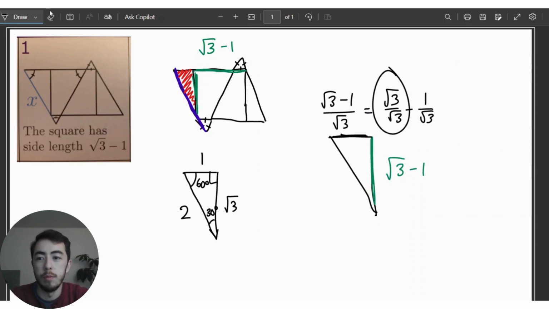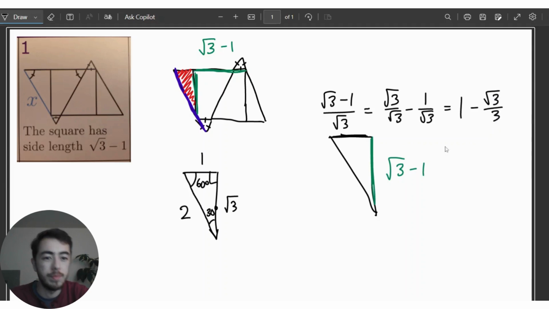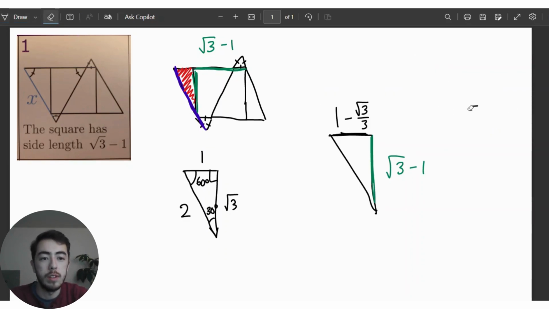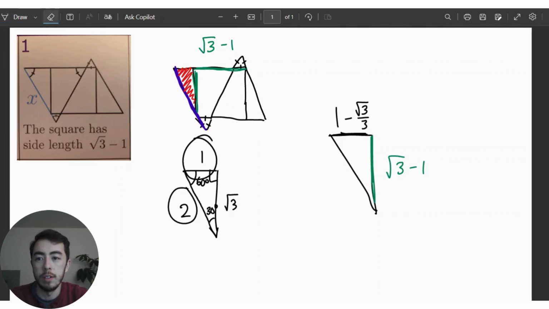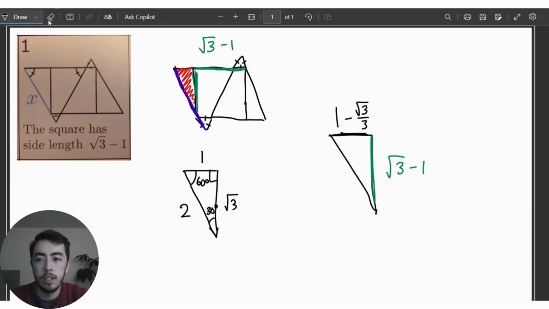This right here is just a big number 1. And on the right side, I will rationalize my denominator just because I feel like that's the right thing to do. So that will be root 3 over 3. And to get the hypotenuse, all I need to do is double it. That's that relationship that I'm seeing over here. So I will get 2 minus 2 root 3 over 3.